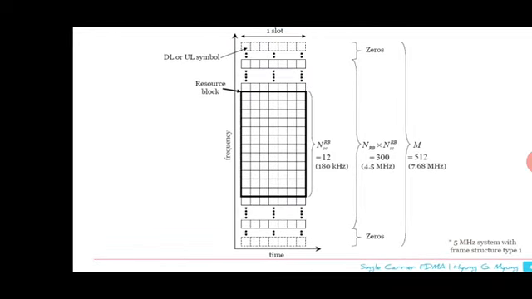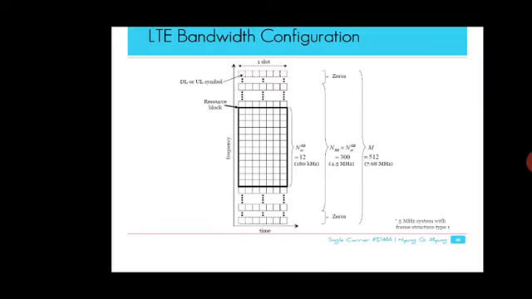The total will be 4.5 megahertz, because it comes up to 300. The total will be 7.68 megahertz of frequency, supporting uplink as well as downlink directions for the LTE bandwidth frequency.